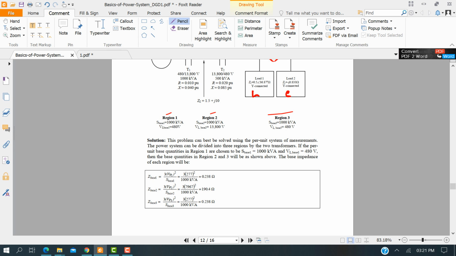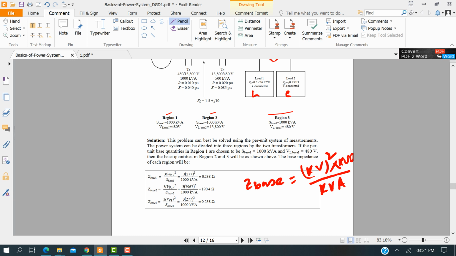So the base impedance formula is given here. You see that it's a phase value for phase 1. The equation I showed earlier: Z base can be written as kV squared times 1000 divided by kVA.